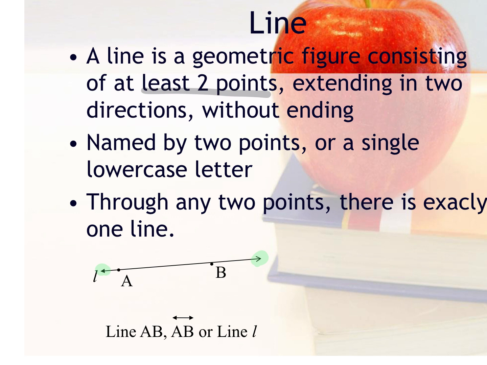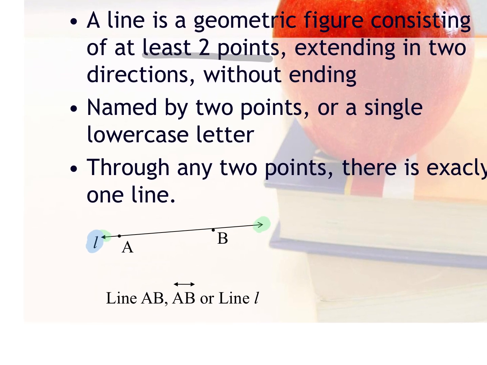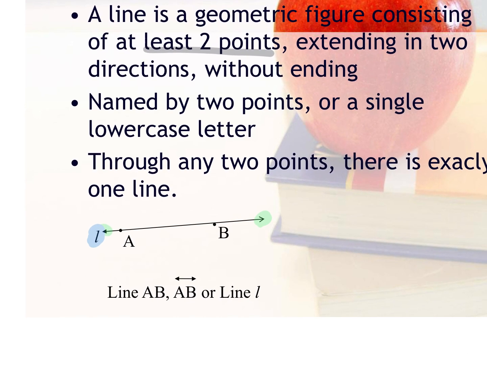Now, this little thing that looks like a 1 is actually a lowercase letter L, and it's in italics. So we can name this picture of this line by either typing out the letters L-I-N-E and spelling the word line, and then labeling 2 points that are on it.